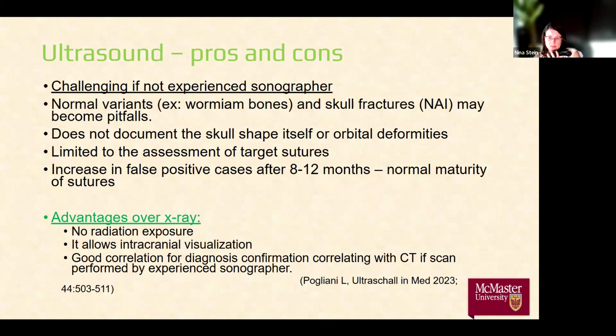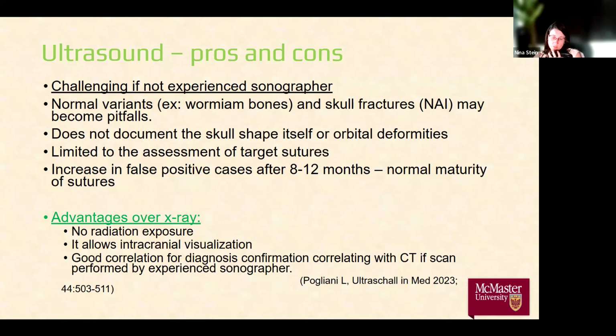The false positives, as I mentioned, will increase if the patient is older. The advantage over X-ray, obviously, is the lack of radiation. And during the examination, you can also look at the intracranial structures and, for example, identify ventriculomegaly or potentially areas of encephalomalacia or something else that could be contributing to that head shape.